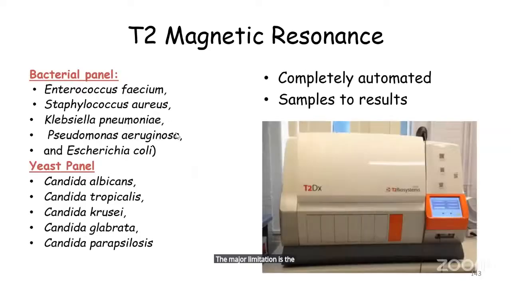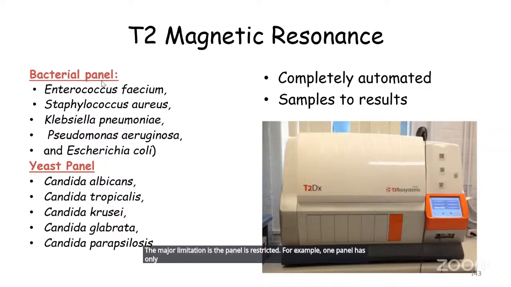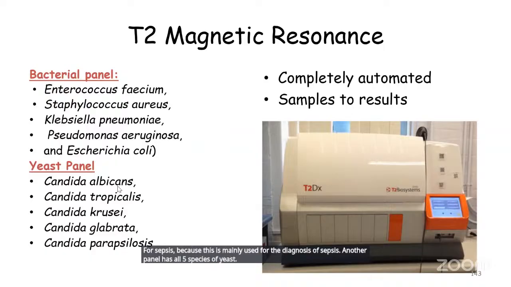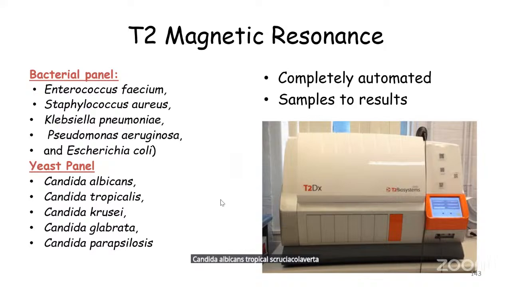The major limitation is the panel is restricted. For example, one panel has only 5 targets: Enterococcus, Staphylococcus aureus, Klebsiella pneumoniae, Pseudomonas aeruginosa. These are the common organisms for sepsis, because this is mainly used for the diagnosis of sepsis. Another panel has all 5 species of yeast: Candida albicans, tropicalis, krusei, glabrata, parapsilosis.